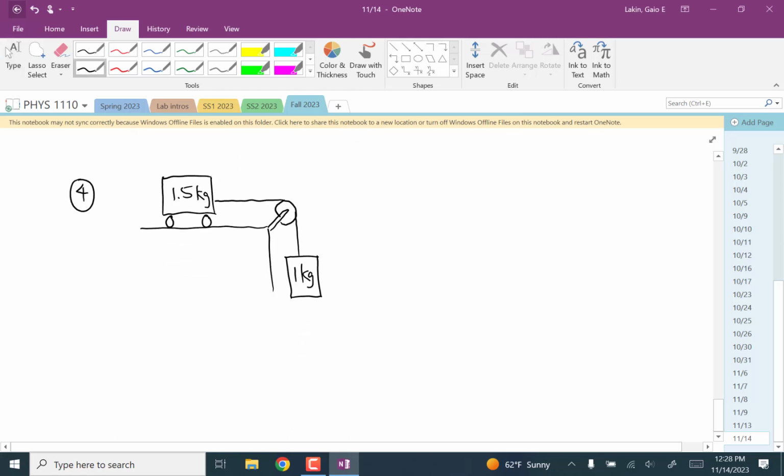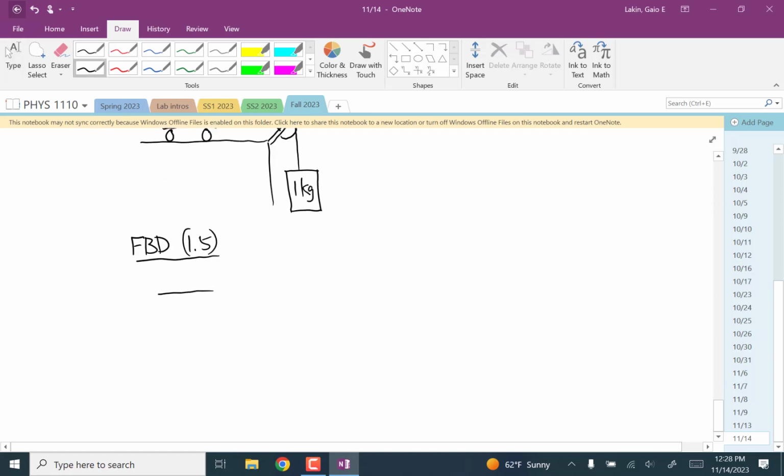So pick one of these as a first body. It doesn't matter which one. There's a weight force of 14.715, a pushing force from the ground, N, and then a pulling force from the cable, P.